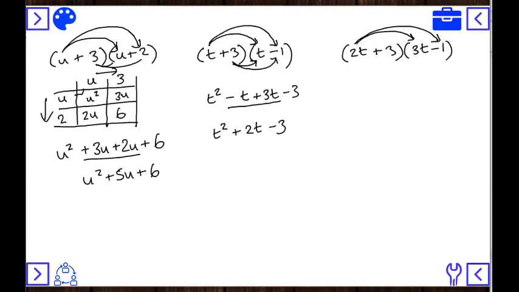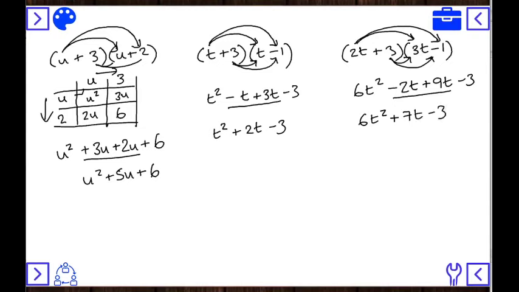So with this one, I've got 6t squared as the product of 2t and 3t, and then 2t times -1 is minus 2t. 3 times 3t is 9t, and 3 times -1 is minus 3. Same thing again, the middle 2 terms can be simplified because they've just got t in them, in which case we end up with 6t squared plus 7t and then minus 3.